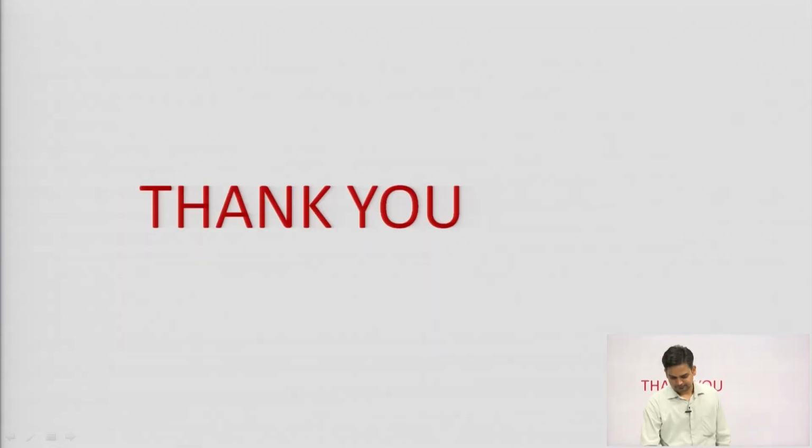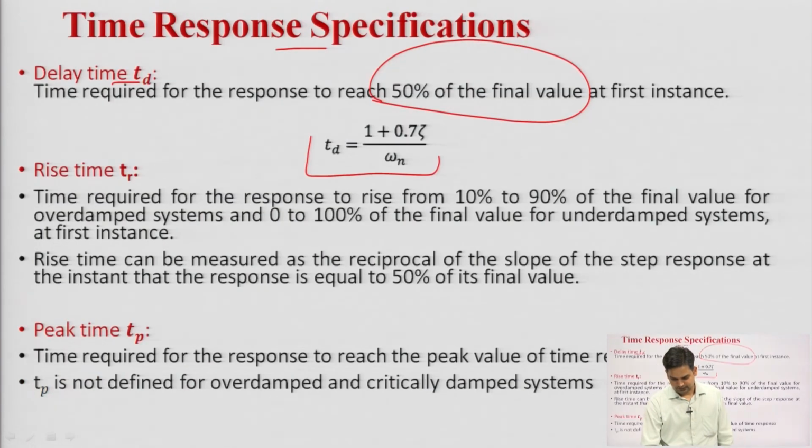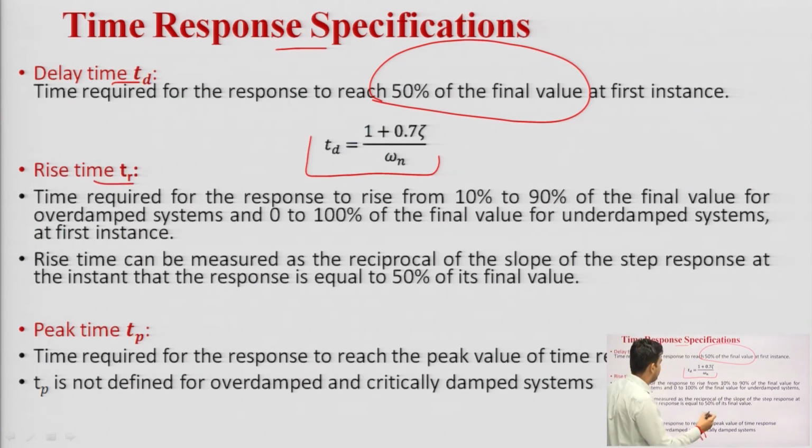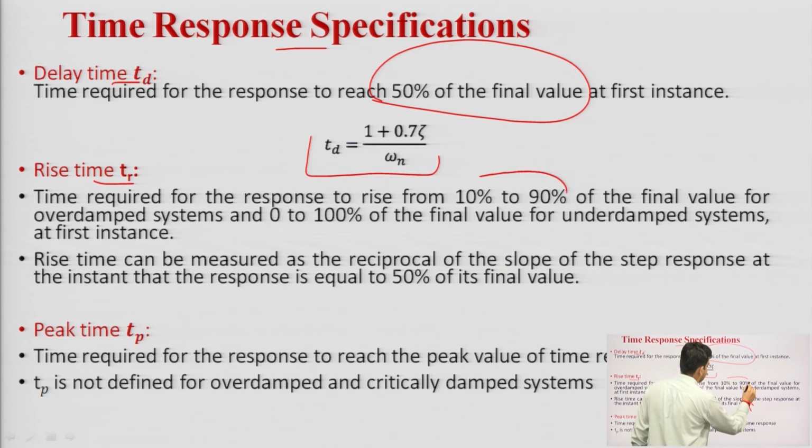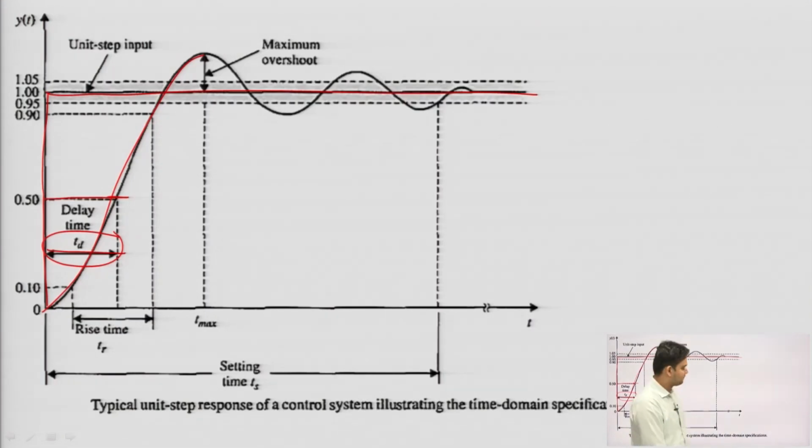In the same way, the rise time tells the time interval between 10% and 90% of the output's final value. So, to see the rise time, I take 10%, 0.1, at this point, then 90% is this point, and the time interval between them would be the rise time T r.